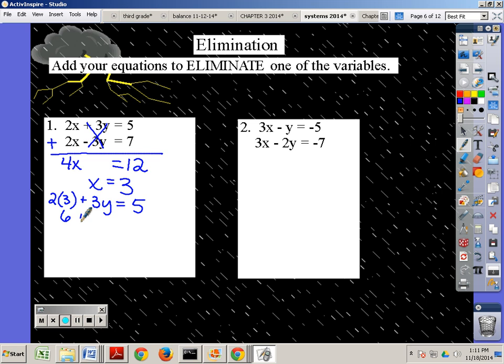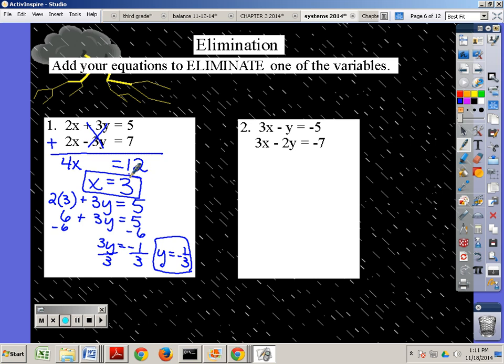So we get 6 plus 3y equals 5. I'm going to subtract 6 from each side. So you get 3y equals negative 1. Divide by 3, divide by 3. So you're left with y equals negative 1/3. So y equals negative 1/3, x equals 3.